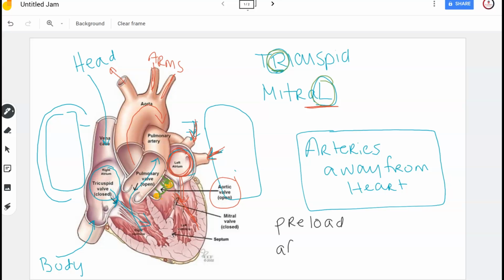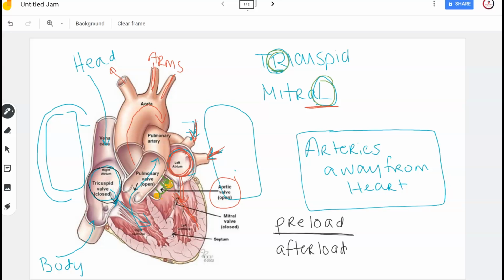So preload is the amount of blood that fills the ventricles. And usually the amount of blood that fills the ventricles is correlated to the amount of blood that fills the atrium, right?